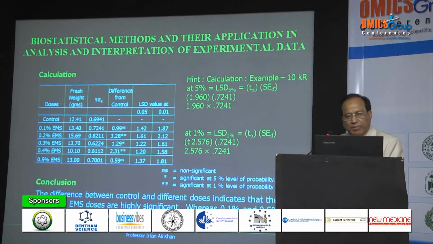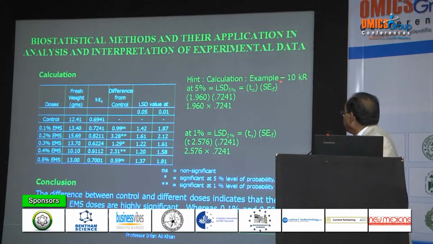I told her, please show the significance level. These are the values showing the difference from the control, the treatment values, where non-significant, significant, significant, significant, and non-significant, and this is the LSD value at 5% and 1%.